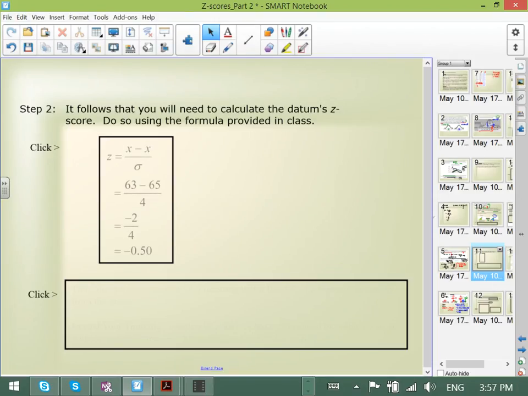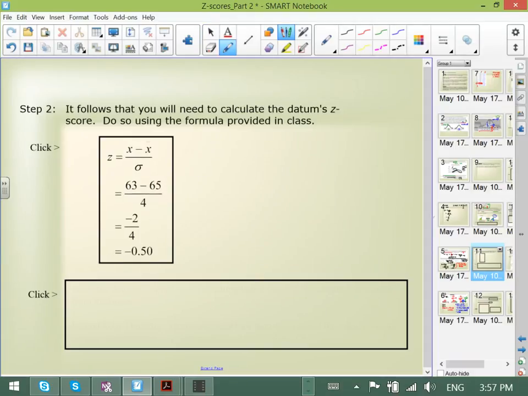So 63 minus the mean. Okay, so this symbol here, x bar, that's the sample mean. Different sources use them interchangeably. I've been using the population mean instead. That's what I've been trying to use as opposed to the sample mean.